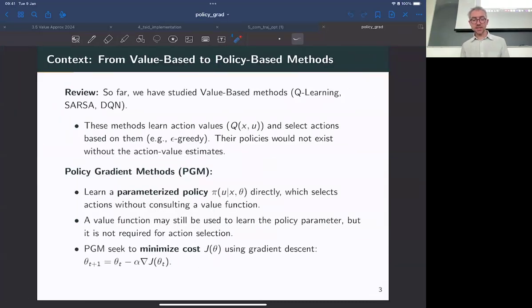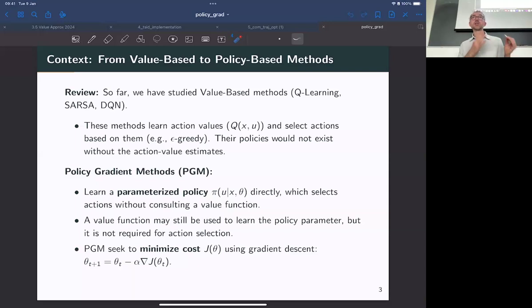What we're going to discuss today instead is a completely different class of reinforcement learning methods, which are called policy-based methods. They rely on the policy gradient theorem. That's why they're also called policy gradient methods. And here, the idea is that we don't learn the action value function.